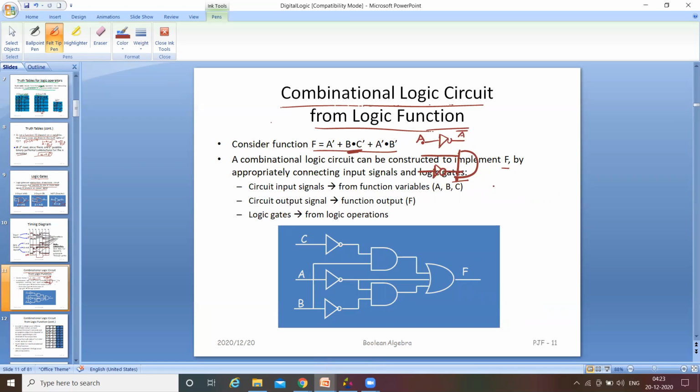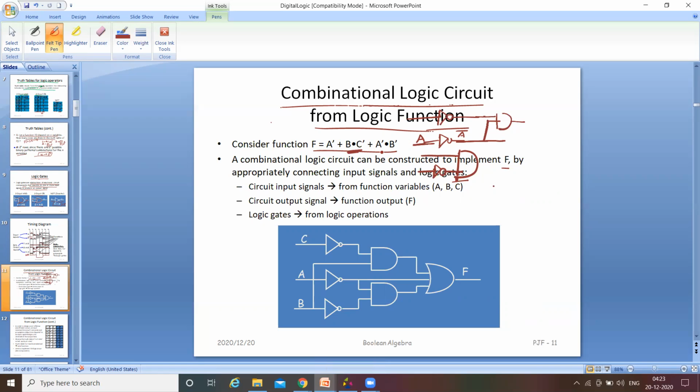A already I got, so therefore from this A complement, right? A complement, I'll take here, and next B complement. So I'll take another variable, I'll use this complement symbol like this. So dot means AND.